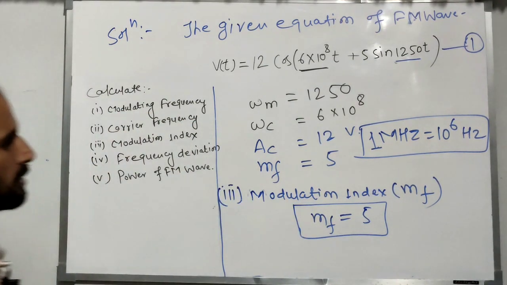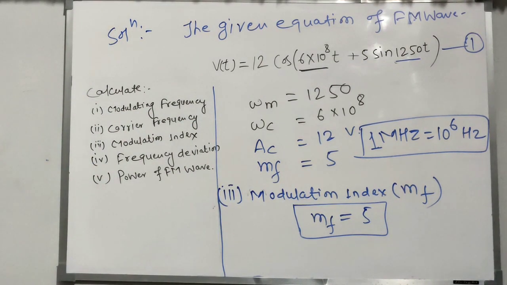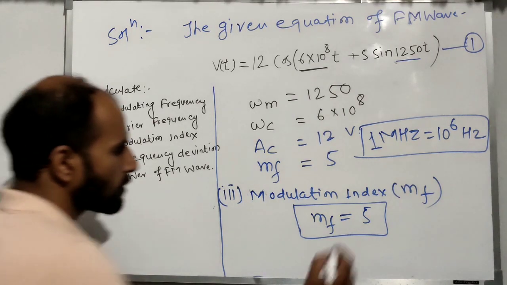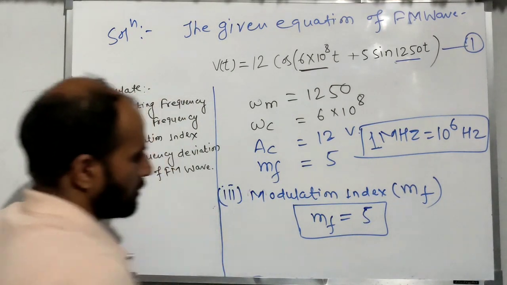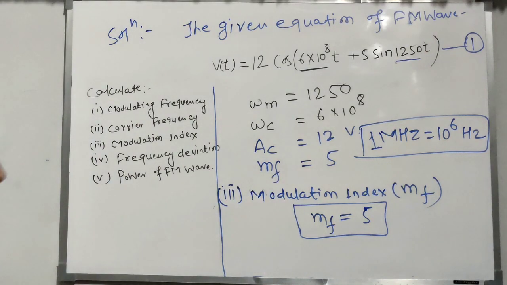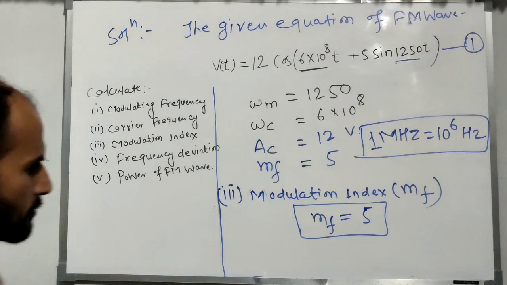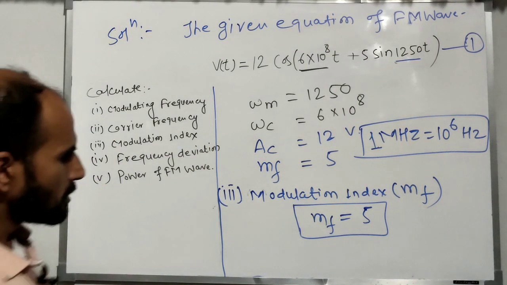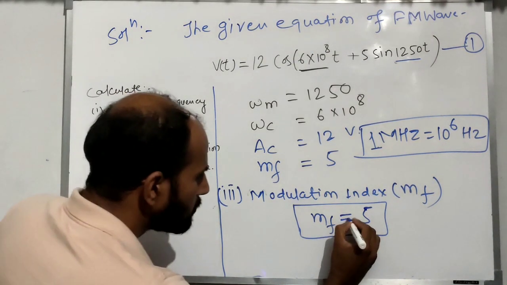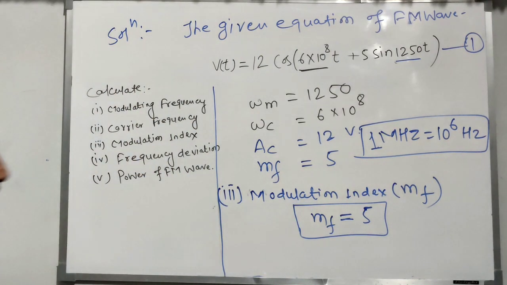Here mf is greater than 1. The modulation index here is greater than 1, which means this is wide band.